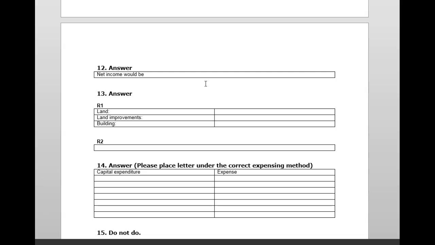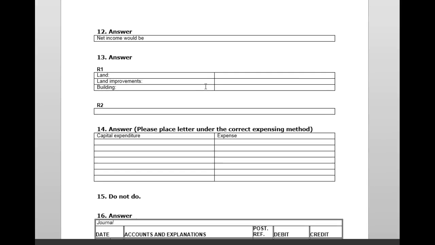When you expense something, you write off the entire amount immediately. So the question is, what happens when a tool company accidentally capitalizes the cost of the plane instead of expensing it? What does that affect? So sit down and do some figuring and see what would truly be affected by that type of mistake.